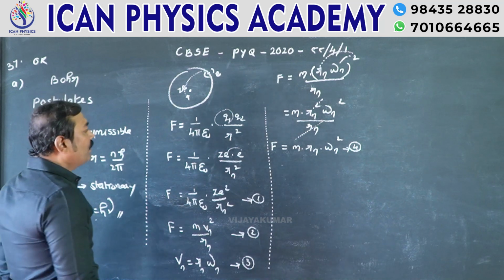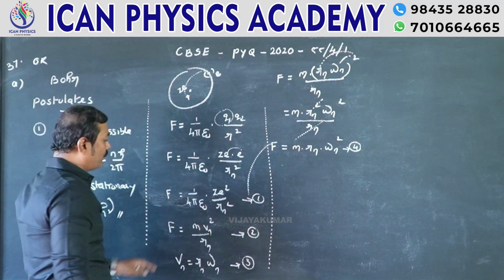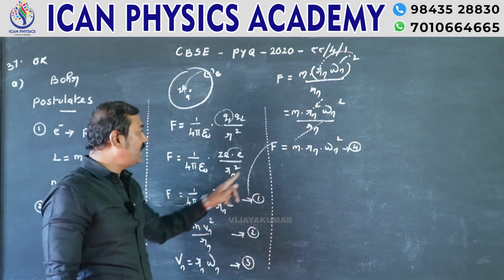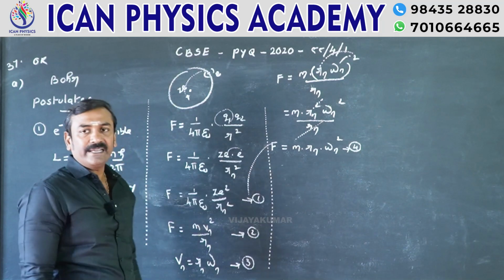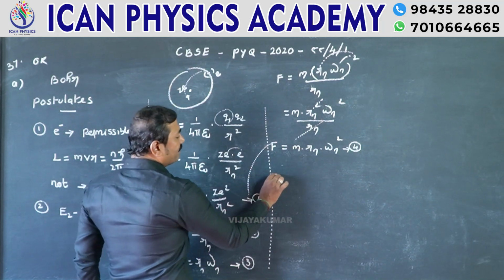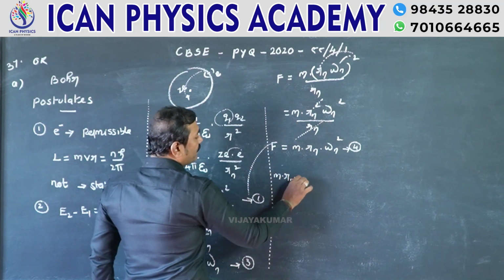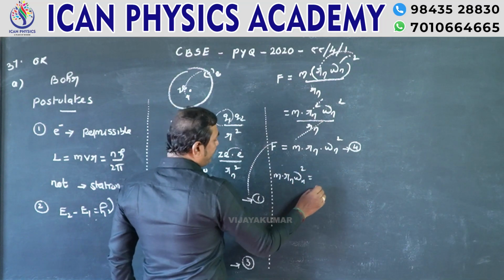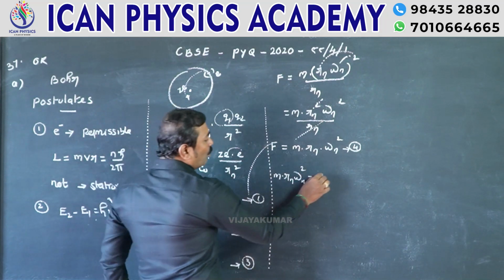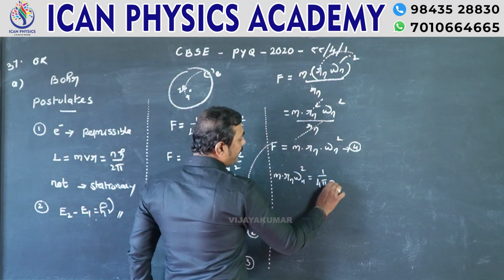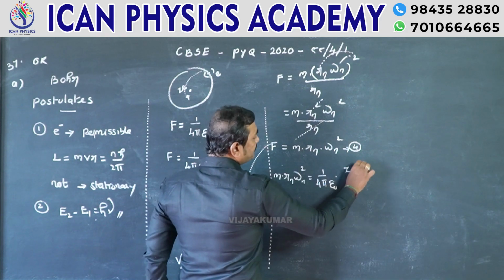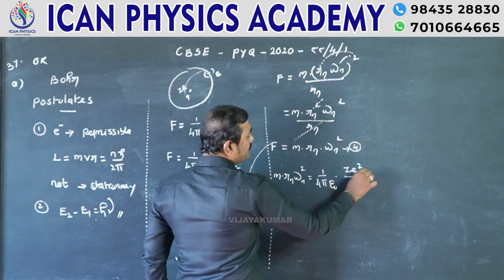Okay. Now compare 1 and 4. When LHS are equal, automatically RHS are equal. So m Rn omega n squared equals 1 by 4 pi epsilon 0 Ze squared by Rn squared.